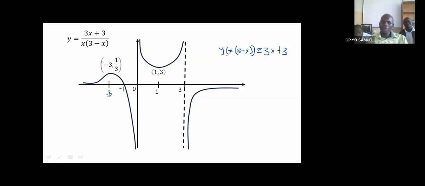We are going to have 3yx, then this time we shall get minus yx squared. Now we can even as well bring all of this to this side. And when we bring this side, we shall have negative 3x minus 3 equals 0.